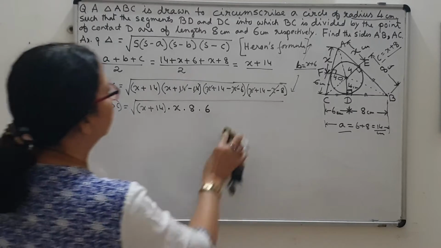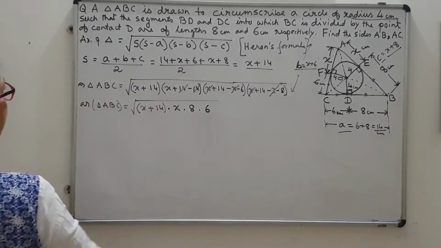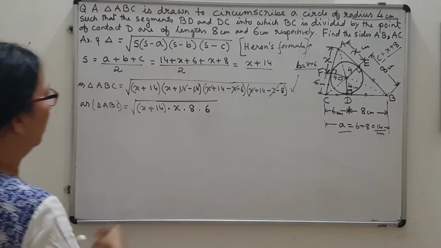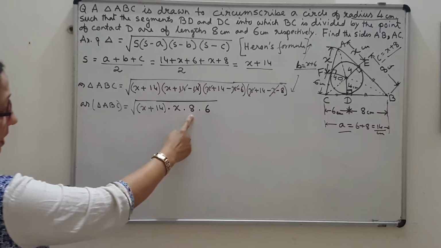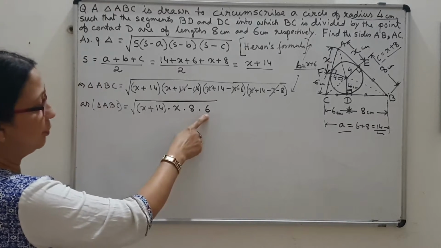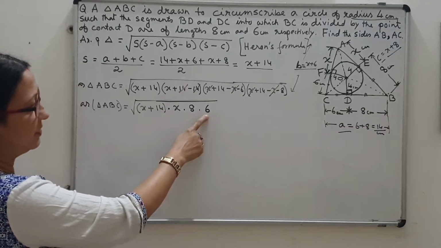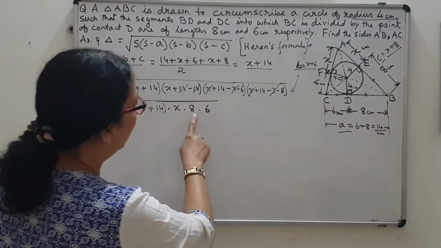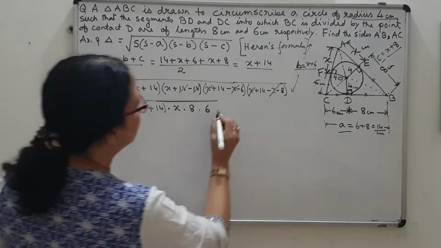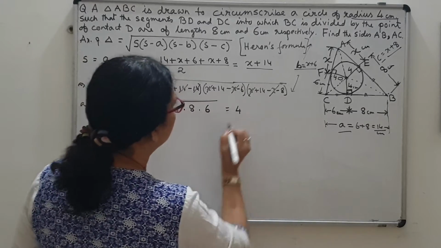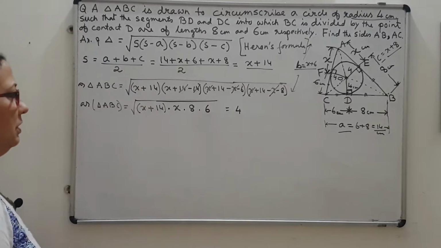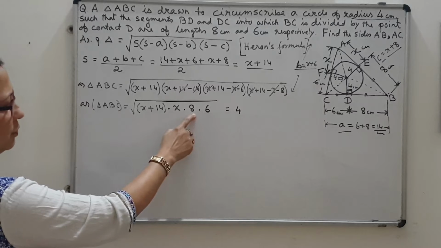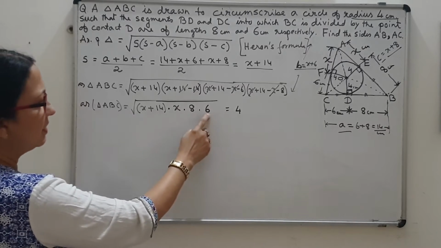Under the square root, 8 into 6, if I take out 2 from each, 4 into 3, so 16 comes out as 4 and 3 is left.